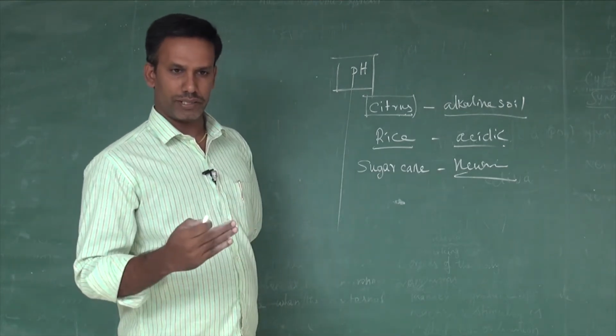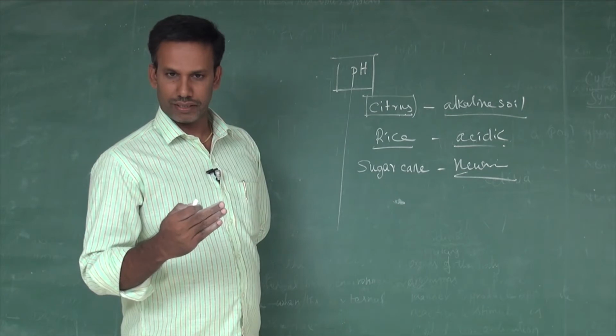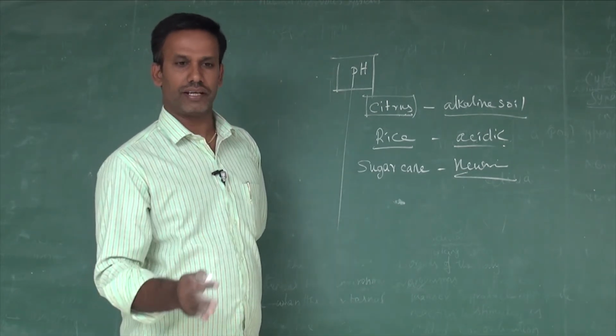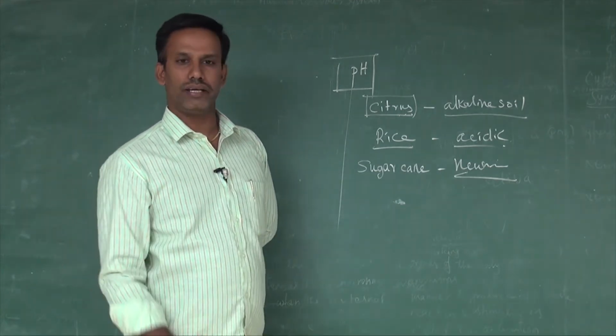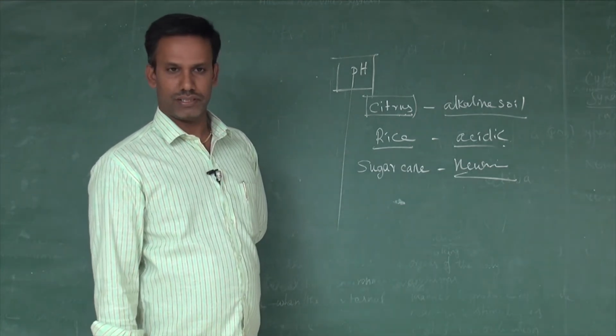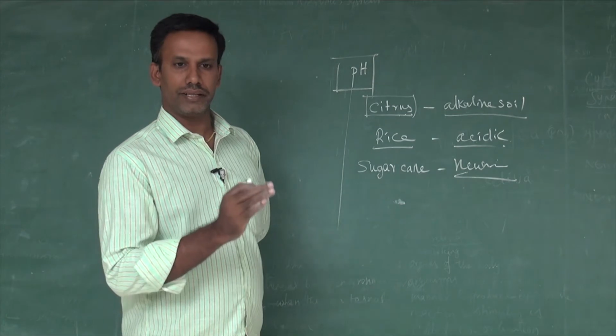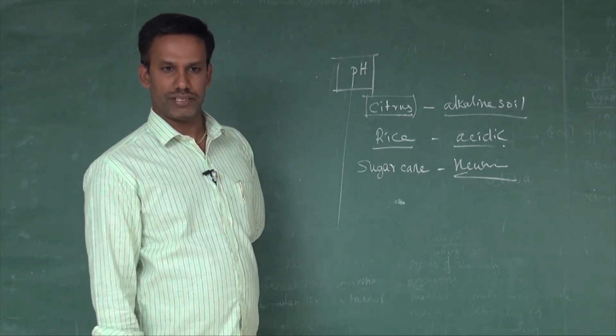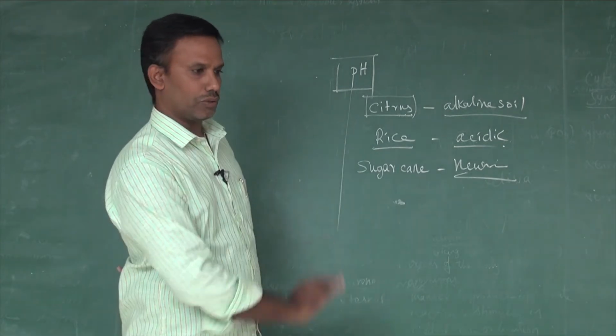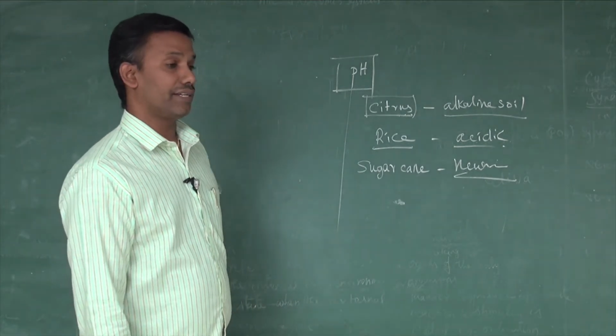All our metabolic processes are based on pH. If pH variation is there, definitely it will go wrong. If the metabolic process goes wrong, then you will be affected by diseases. So keep on maintaining the pH, then you will be free from diseases. And for agricultural growth also, pH is very, very essential.